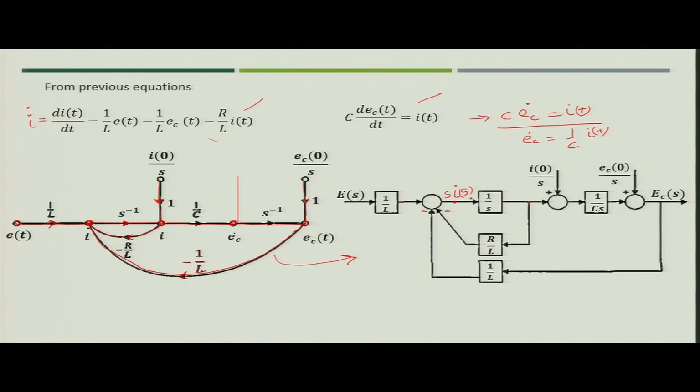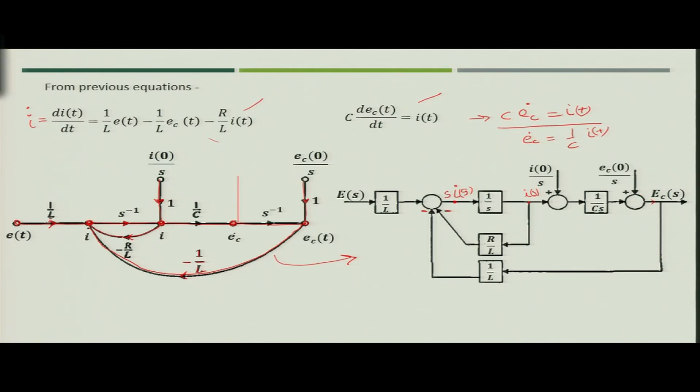Now, when you transform this through 1 by S as a block, you get the value of I s here. Now, to I s you add the initial condition, that is I naught by S, and then you pass it through 1 by C s. So, you get the value of the E c, and you add the initial condition, that is E c naught by S. When you sum up both of them, you will get the value of E c s.